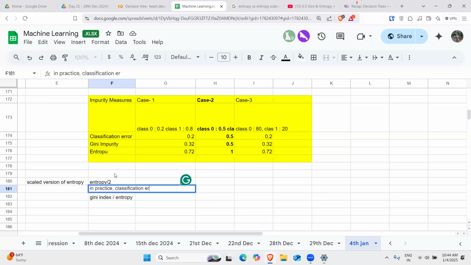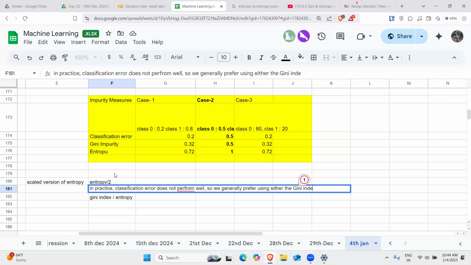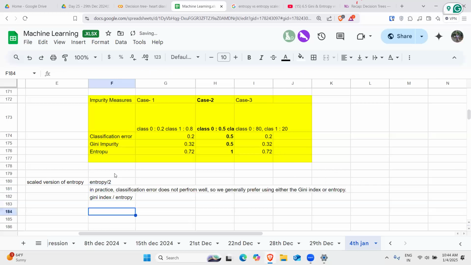So we generally prefer using either the Gini index or entropy over it.